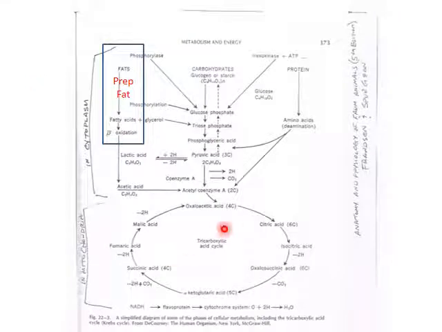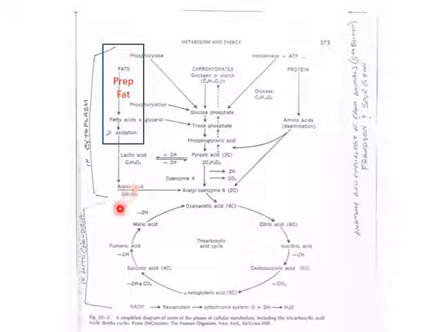In our diagram of cellular metabolism, you can see that the fat prep is over here. The fats over here is triglyceride. We're breaking them down into fatty acids and glycerol. Glycerol is going to feed into the glycolysis pathway. The fatty acids are going to be broken down by beta oxidation into two carbon units.